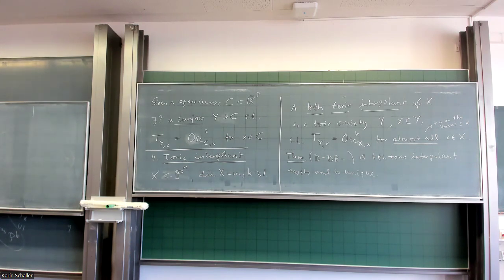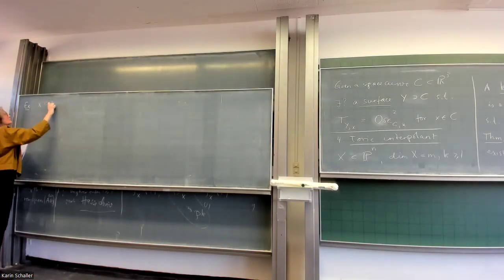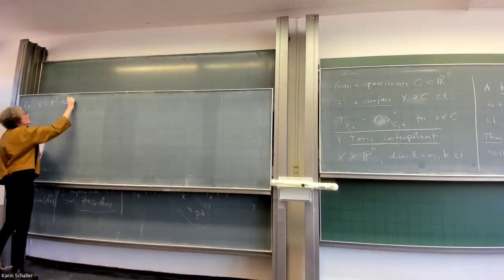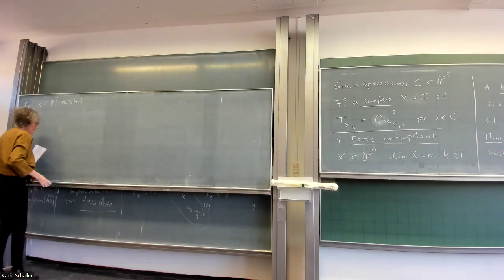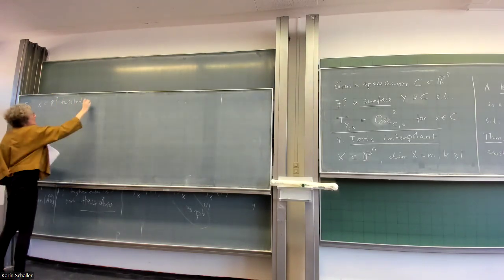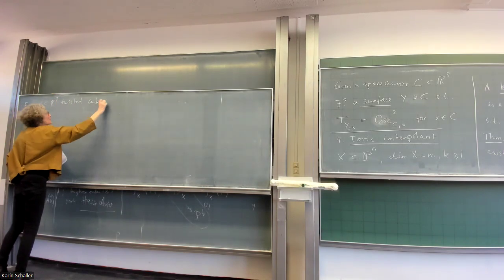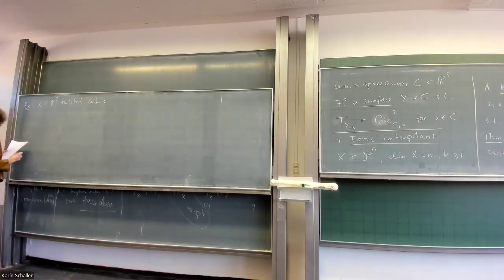But let's get back to even simpler examples than the quartic hospital toric curve, but let's just take it as it is. And then you will see.